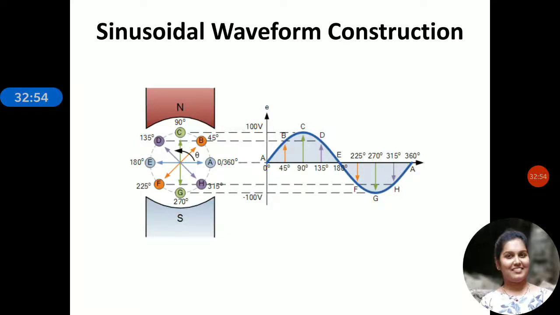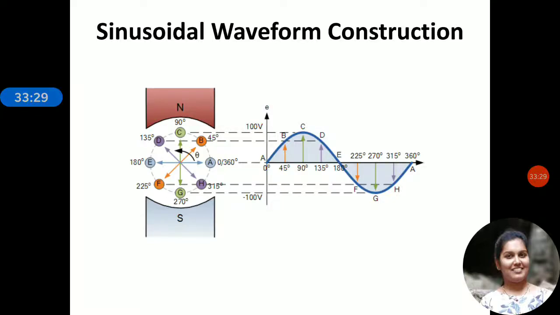So from 180 degrees to 225 degrees, we see a negative going graph, and until F, G, H, we see negative going graphs, and at position G we find a maximum value on the negative side because now the magnetic lines of flux come perpendicular to the current carrying conductor. Maximum EMF will be induced as the coil is moving in the reverse direction.